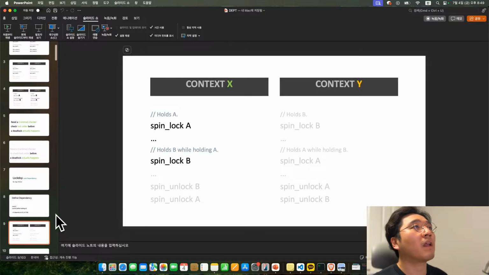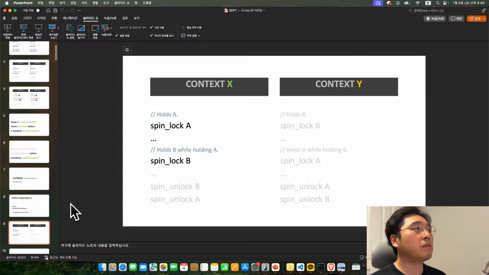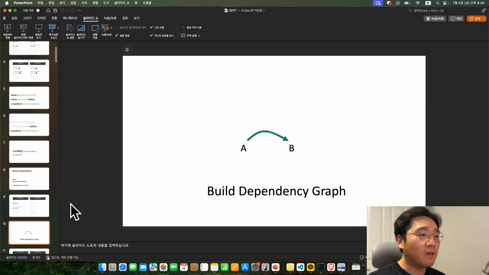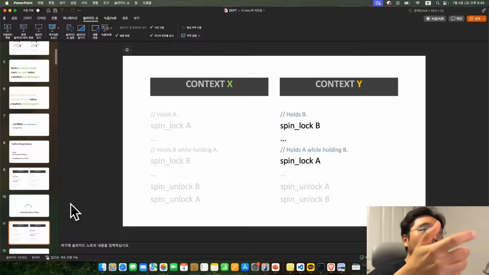So next slide. As you can see on the previous slide, this situation is drawn from A to B. So the Lockdep debugging feature in the Linux kernel builds a dependency graph from A to B. And context Y, from the perspective of holding B, next wants to hold lock A, right?